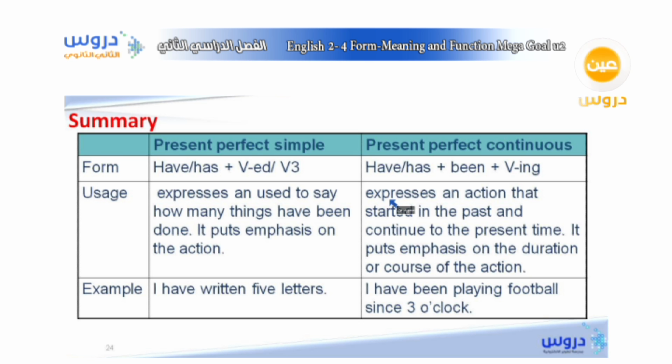A present perfect continuous expresses an action that started in the past and continues to the present time, for example, studying English. It puts emphasis on the duration or course of action, or the period of time. I've been playing football since 3 o'clock. So the most important thing here is the time. But with present perfect simple, the most important thing is how many things have been done.